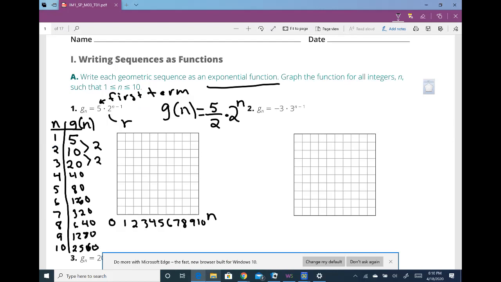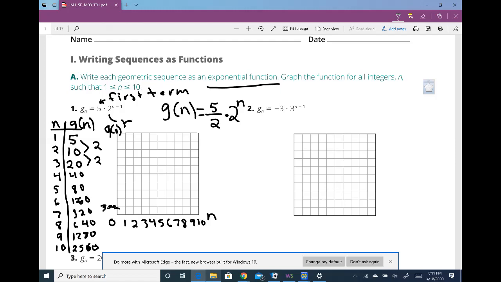Okay, so the next thing we have to decide is how much are we going to go up by on our g of n, or our y-axis. So we need to go all the way to 2560. I think we can go by 300. So each line is going to be 300.